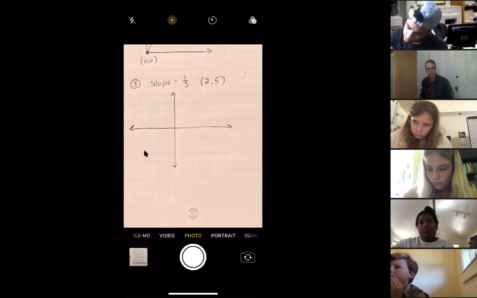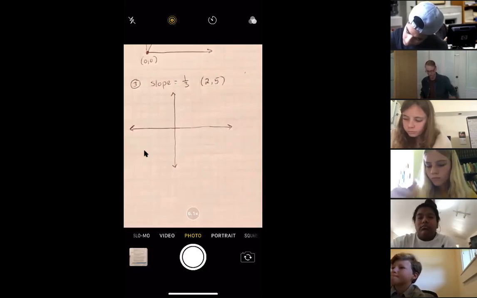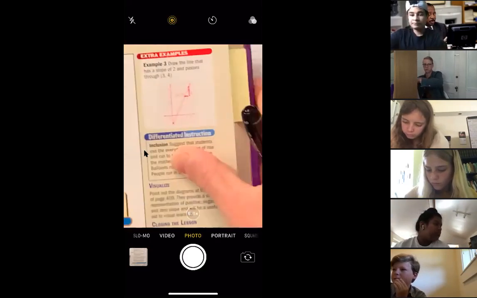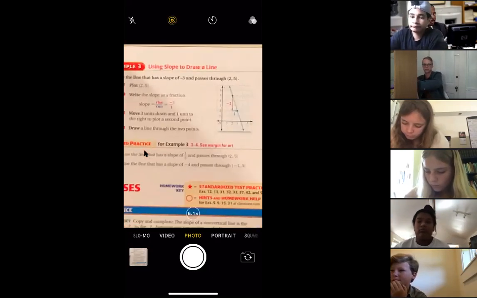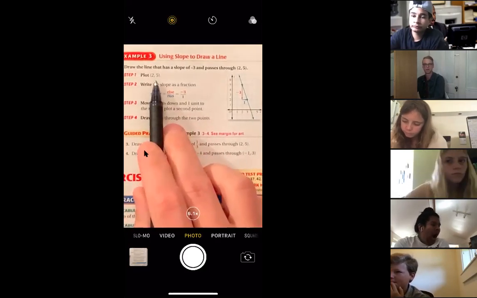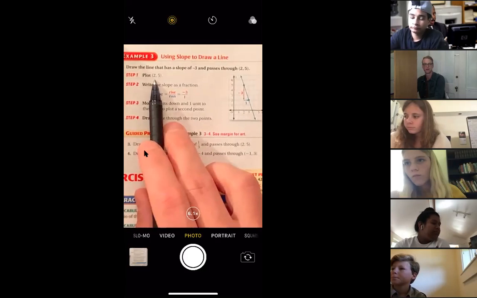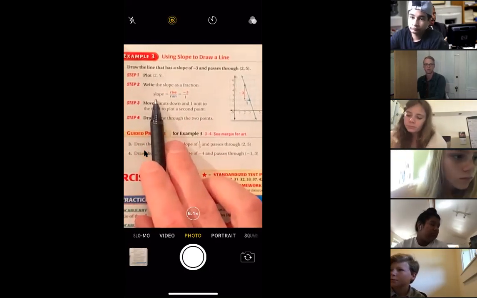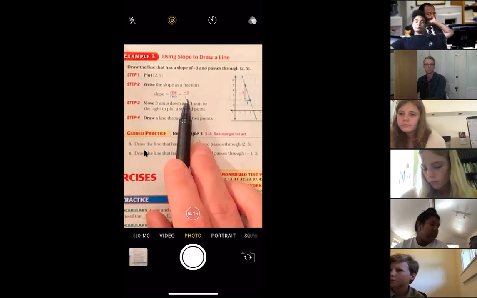So to use the slope to draw a line, the instructions are on example 3. Let's just review them. The first thing I need to do is plot the point. Once I've plotted the point, I'm going to write the slope as a fraction. We already have our slope as a fraction.